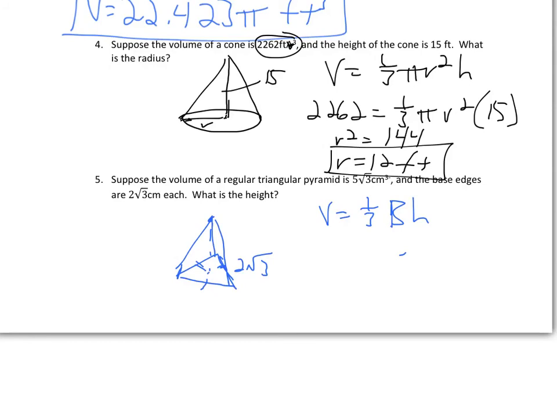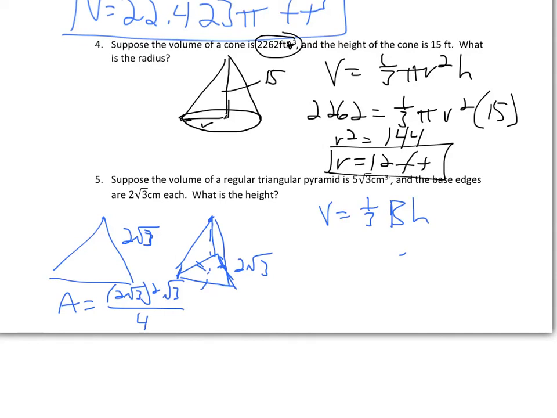If we just draw this equilateral triangle, base edge is 2√3. Remember, beginning of chapter 11, if you look at your theorem sheet, the area of an equilateral triangle is s squared times √3 divided by 4, or 2√3 squared times √3 divided by 4. So we have to do 2√3 in the calculator.